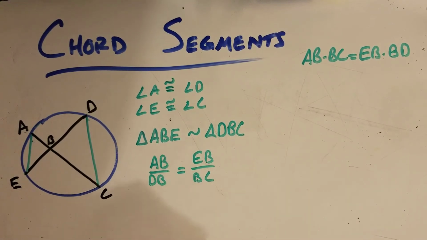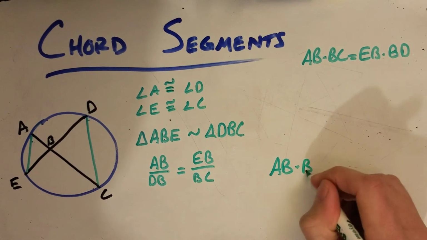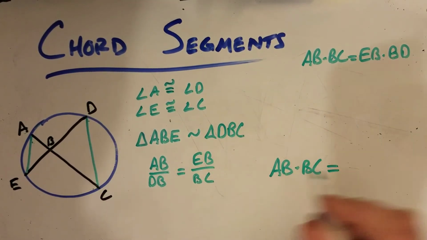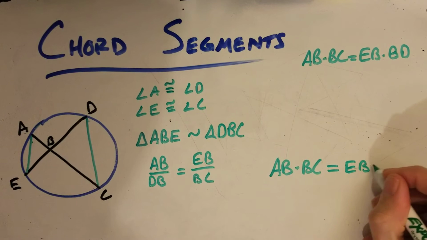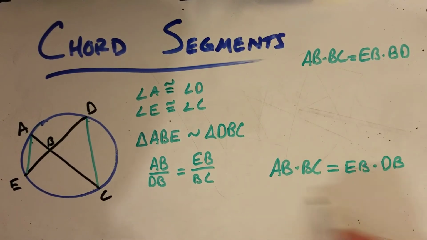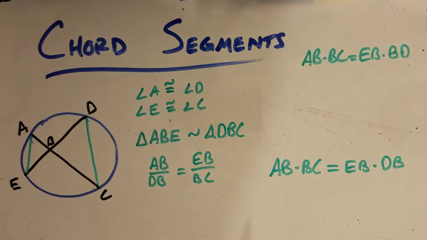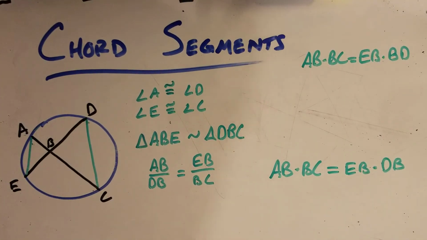You can simply find the cross products here, and you end up with AB times BC is equal to EB times DB, or BD as we wrote up here. And there we go, we've shown that this relationship exists. So given two chords in a circle, if they intersect one another inside the circle, then the product of their chord segments are going to be equal. And we'll do a little example of this just to see how it works.